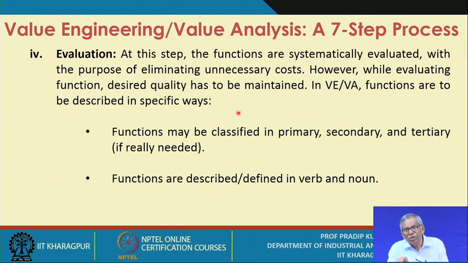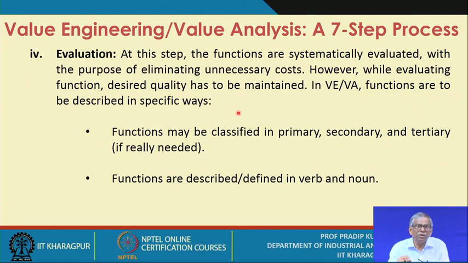First, given a particular product, you must be able to identify its primary function. Like for a pen, the primary function is that it writes. Then you have a secondary function, that means you can hold it, the holding features.